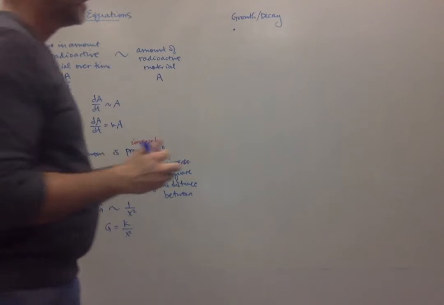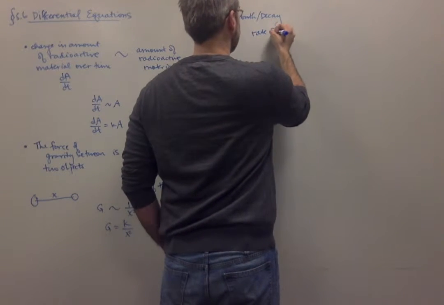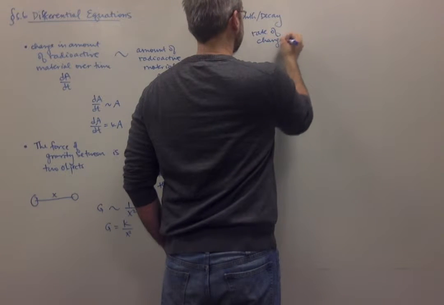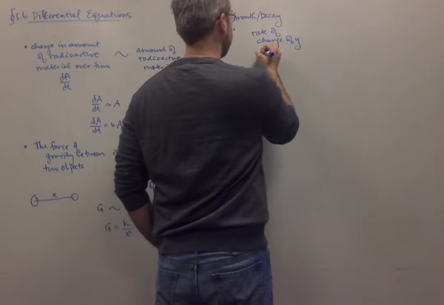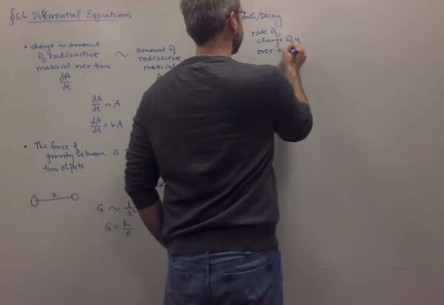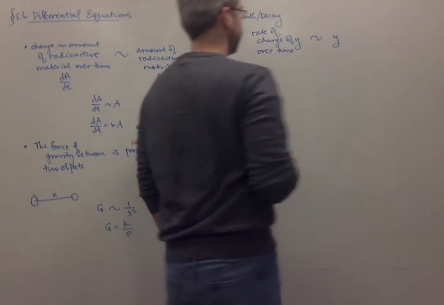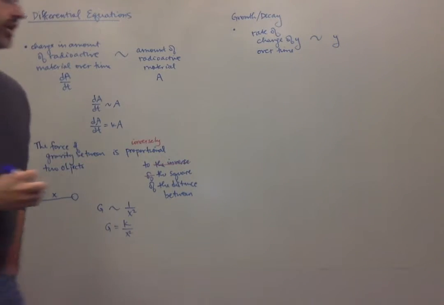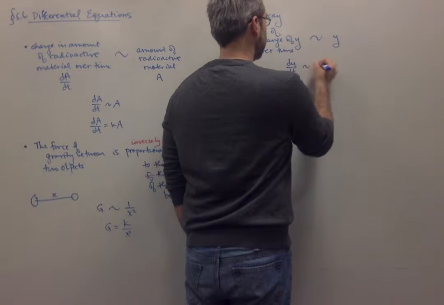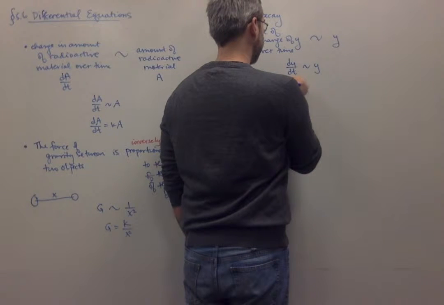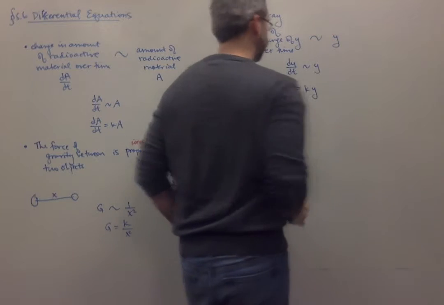In this case, the rate of change of whatever object I'm talking about, we'll just call that y in general, over time is always going to be proportional to the object itself, to y. So in other words, dy dt in this situation is proportional to y, or we'll say dy dt is a constant times y.